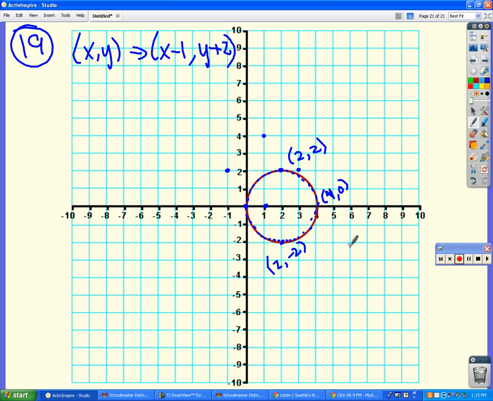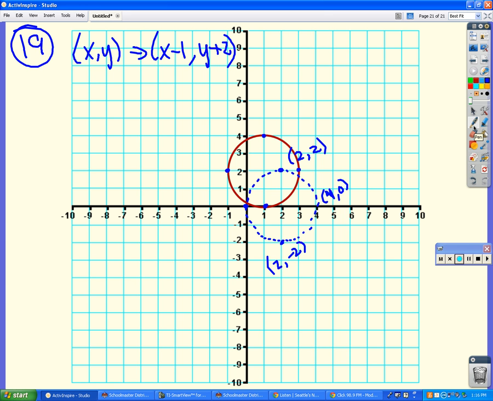Up and to the left. How far up? 2, and how far to the left? 1. So every single one of those points has been slid up and to the left. And so if I take this whole circle and slide it up and to the left, does that circle end up on those new points? Yes.